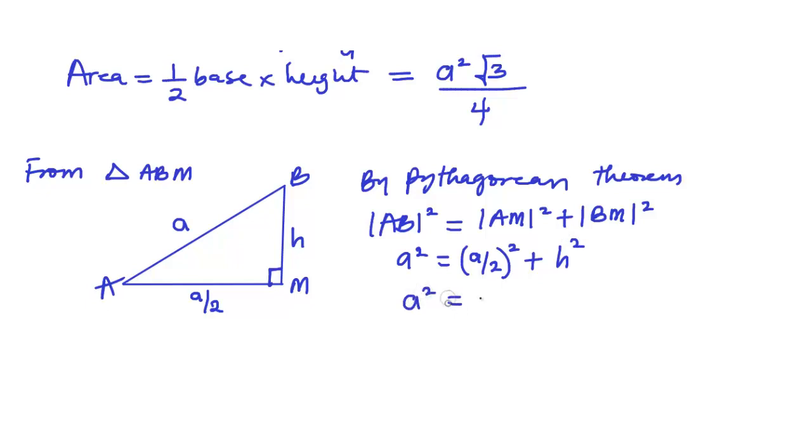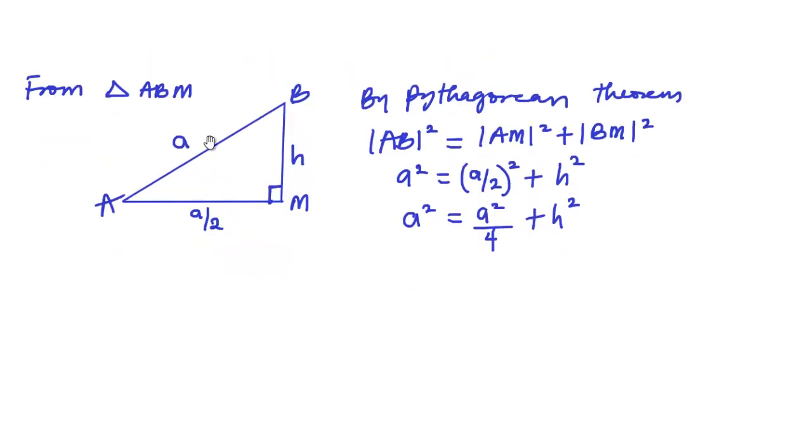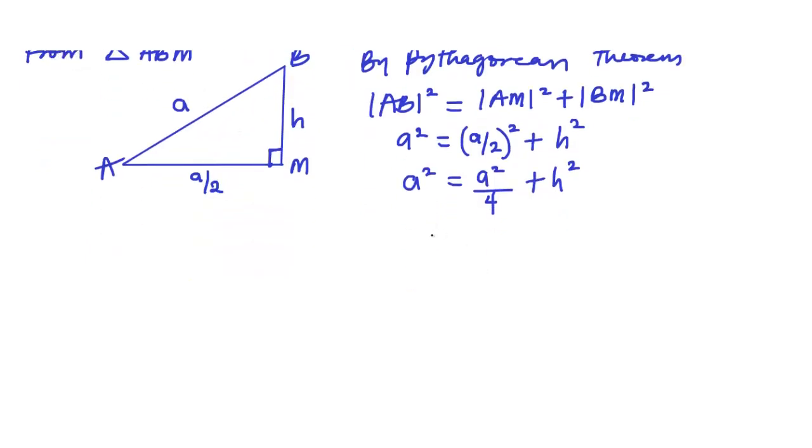So A square is equal to A square over 4 plus H square. Taking the square, A over 2 squared gives A square over 4. If we make H square the subject, we have A square minus A square over 4 is equal to H square.